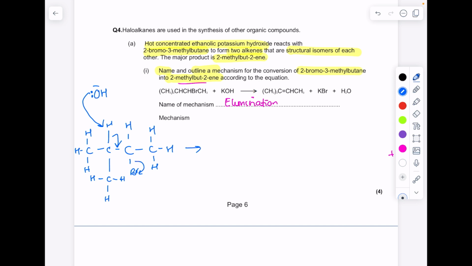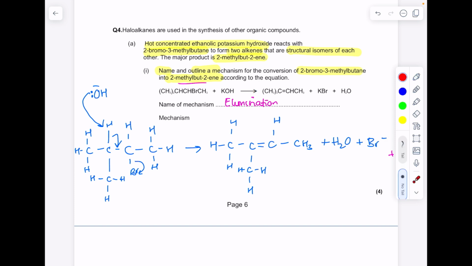To draw the product, here's our double bond forming, and everything else remains the same, noticing we've lost the bromine. And here are our remaining products, including the halide ion. Just to double check, have we produced the right product? 4 carbons, the double bond is on the second carbon, yes. So there's our butene, and the methyl group is on the second carbon.